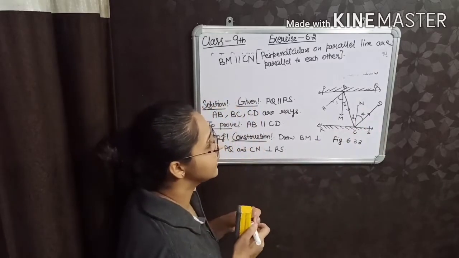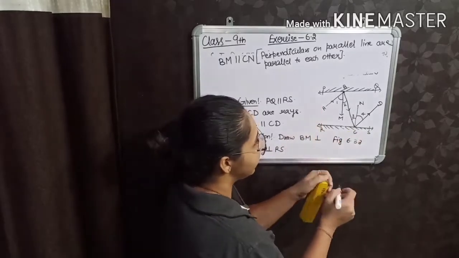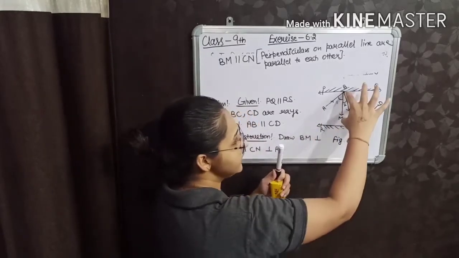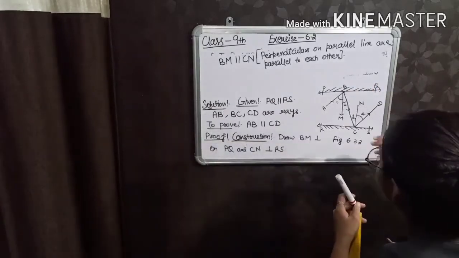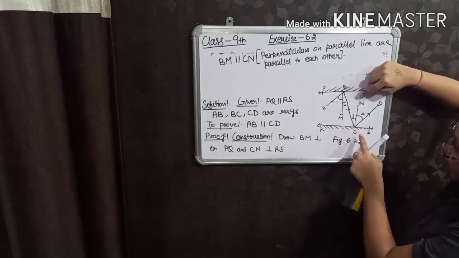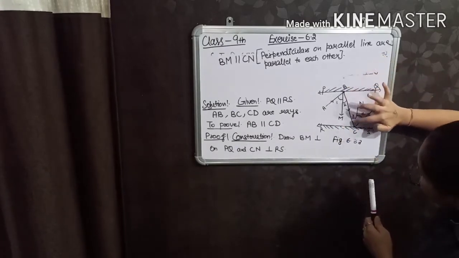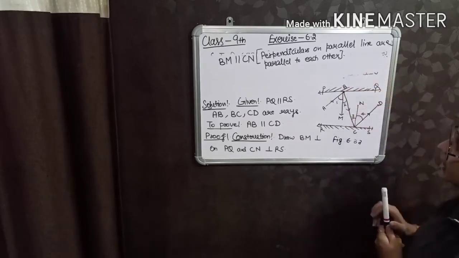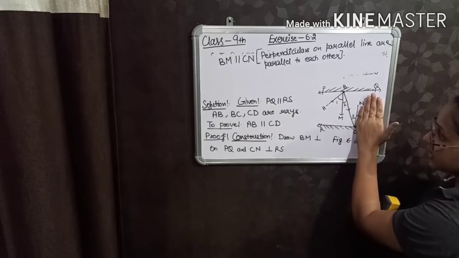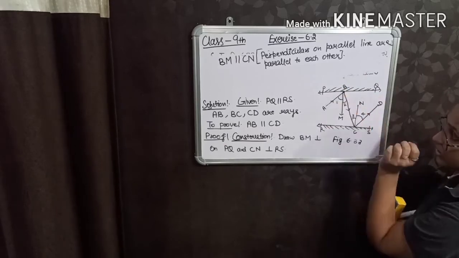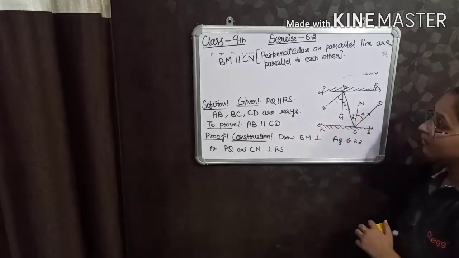Now, you have to prove AB is parallel to CD. But see, BM and CN are parallel, and BC is a transversal line. So angle 2 is equal to angle 3, I can write. Why?